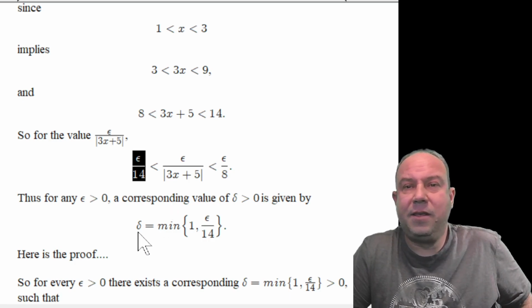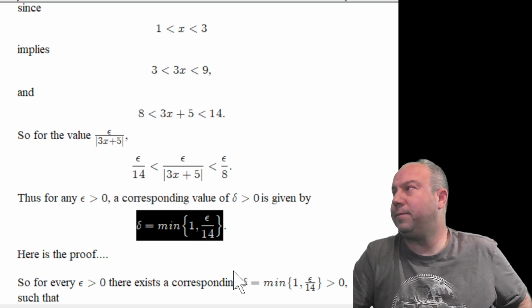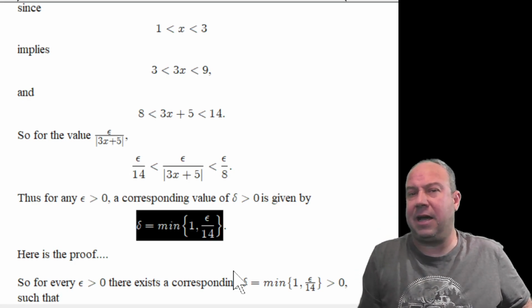This is how we're going to go about choosing our value for delta, for any given value of epsilon.